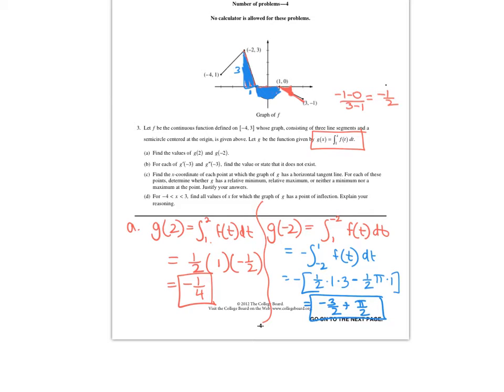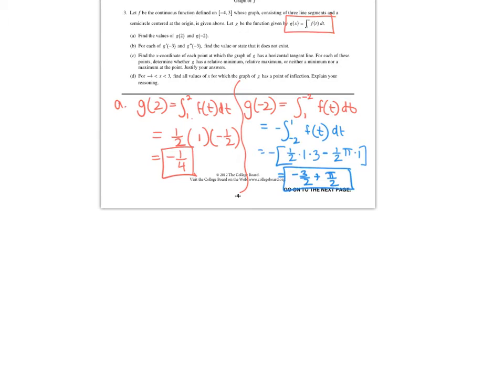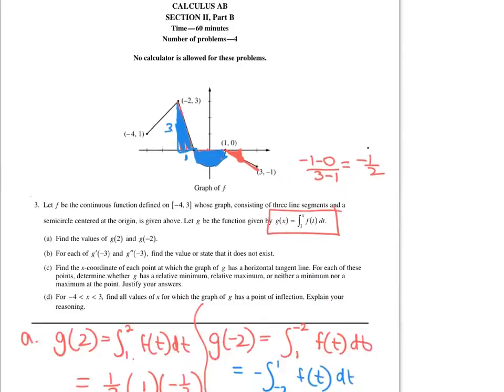So g is the antiderivative of our function f, which means f is our derivative of our function g. Okay, so looking at part B, when we're asked to find g prime of -3, f is your derivative of g. So you're just evaluating what's your output at -3. Go look at your graph.